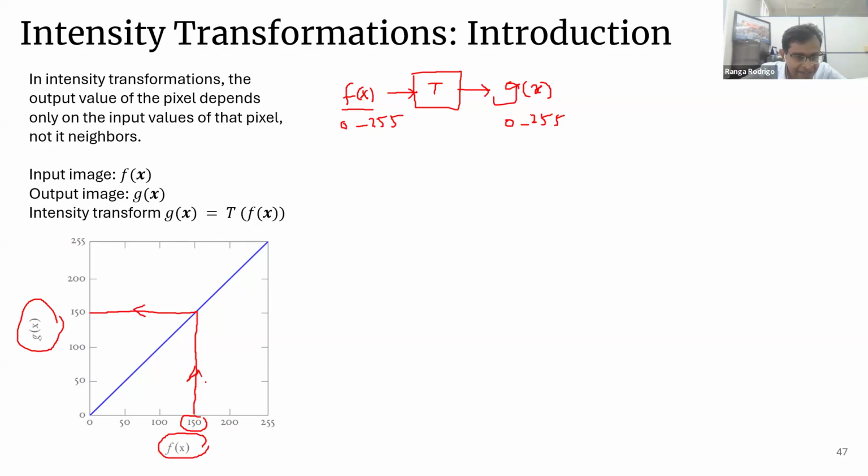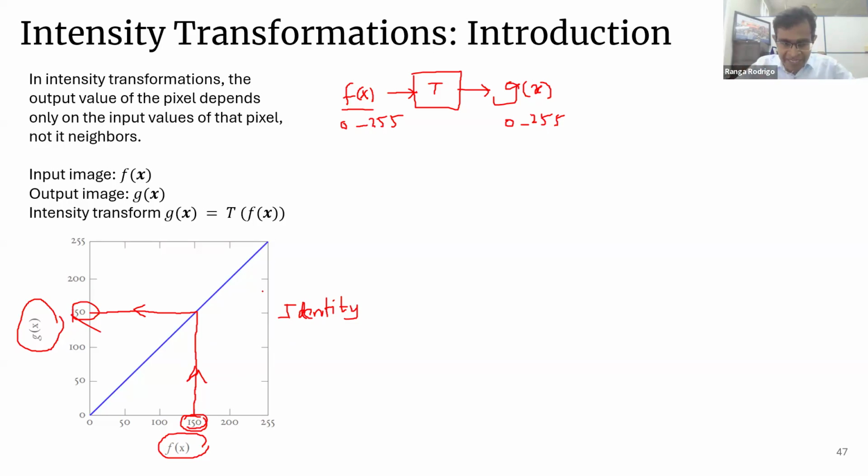That's all it says. Similar to all the other pixels. This is called the identity transformation. Nothing happens. The input pixel value, 150, goes through the transformation, but nothing happens to it. You get 150 itself. So for all other values, it is the same.